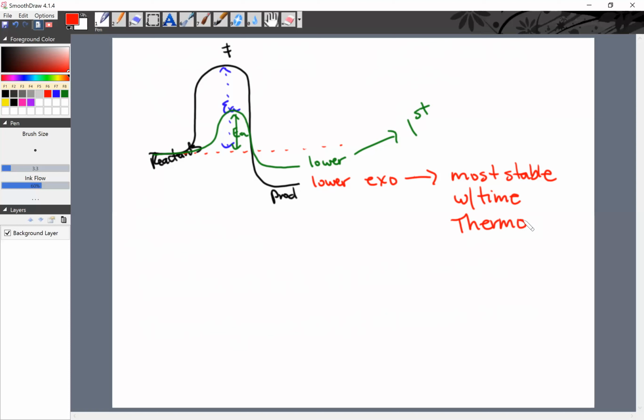All right, now the interesting thing is, why did I draw this? Because sometimes in molecules, you don't have an energy diagram, and you're going to have to look at it and say, wow, well, which one do I think will be the kinetic product and which one will I believe to be the thermodynamic product? Now, the 1,2 versus 1,4 addition was easy because it went through an intermediate.